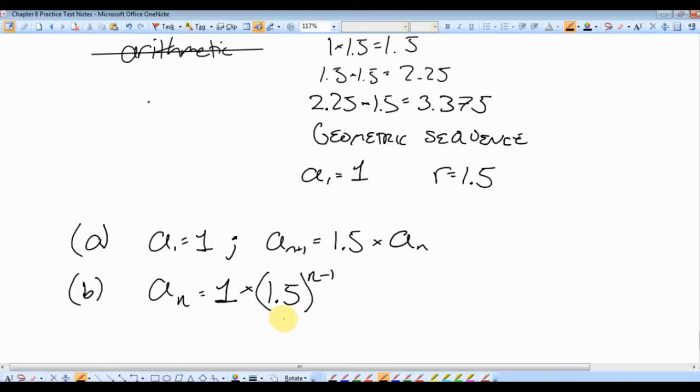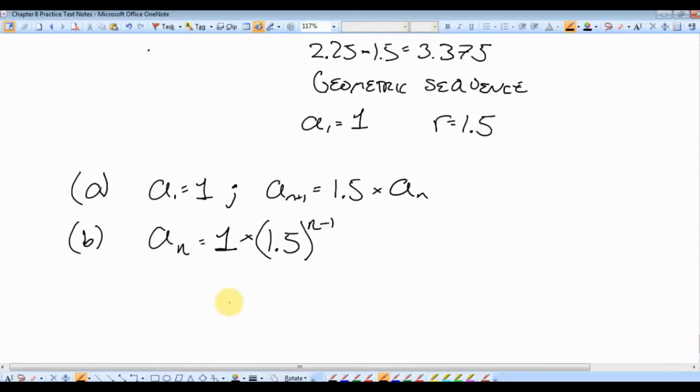Let's simplify this a little bit more. This is 1.5 to the... This is 3/2 to the n power times 3/2 to the negative 1 power.